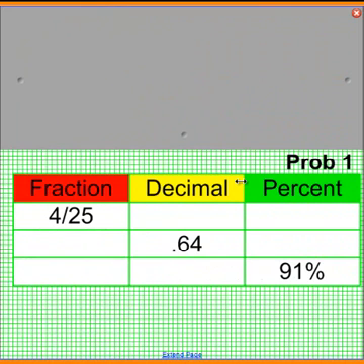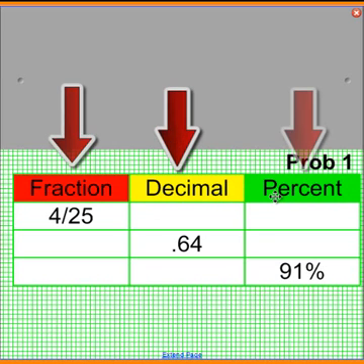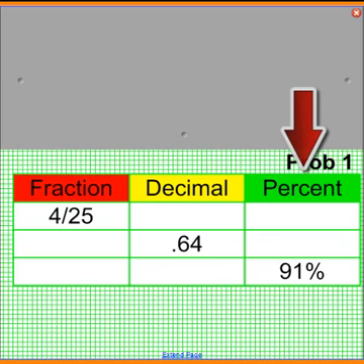Okay, here we are, and see if what we learned is applying here. We have problem 1. You'll notice that the problem is divided up into 3 sections: fraction, decimal, and percent. Now we need to have a student come up to the smartboard, but do not pick up the pen until you're told to.